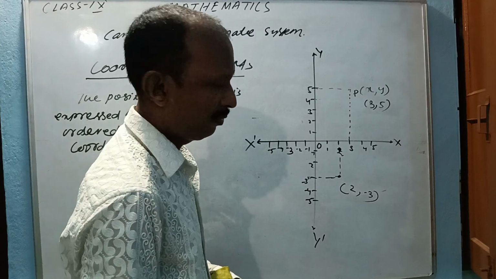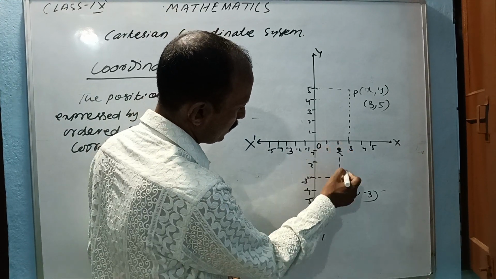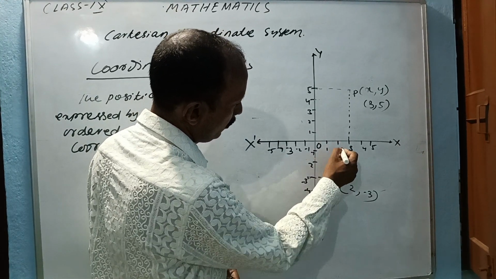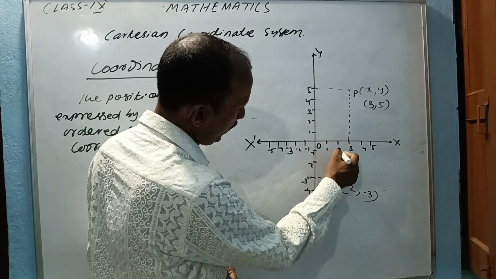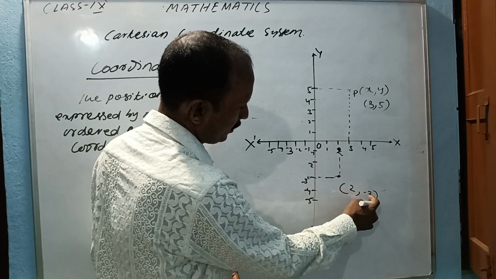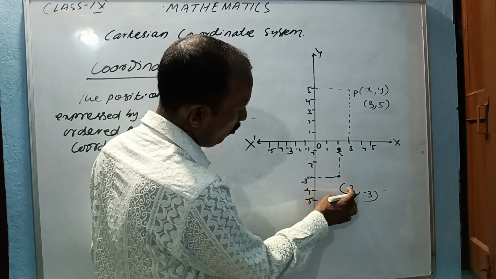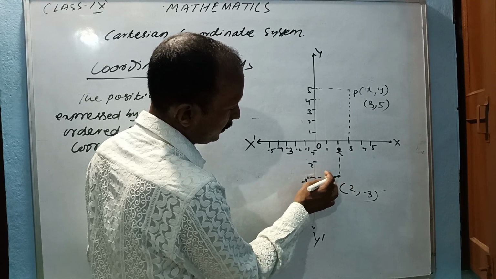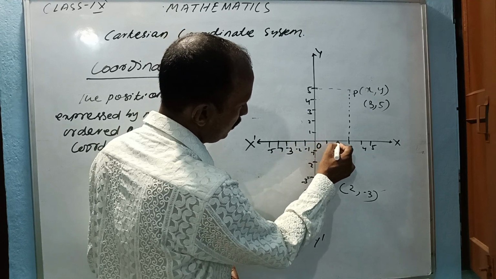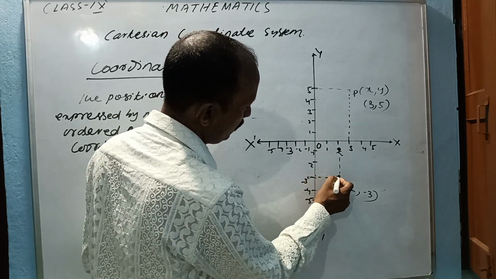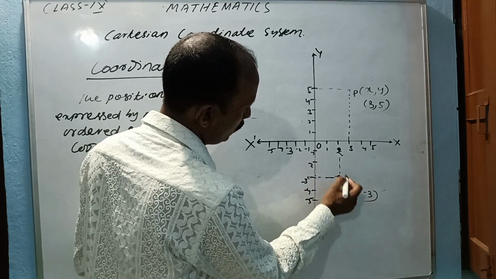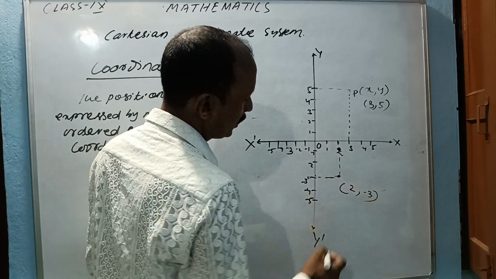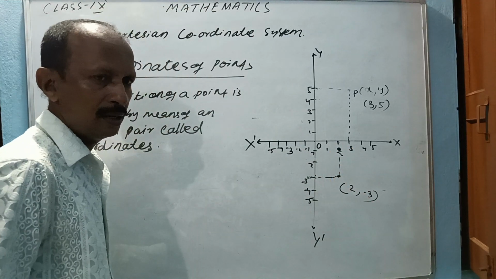How did I find the y coordinate? The perpendicular distance of the point from x axis, but along the y axis. This is from y axis, along the x axis. That means here to here is the x coordinate, that is 2. Here to here is the y coordinate, that is -3.